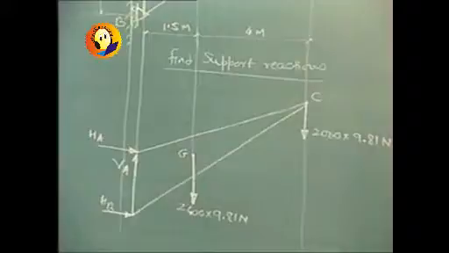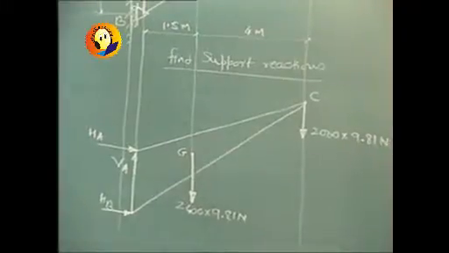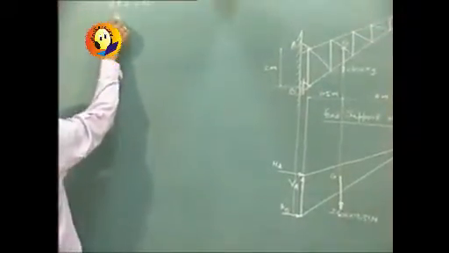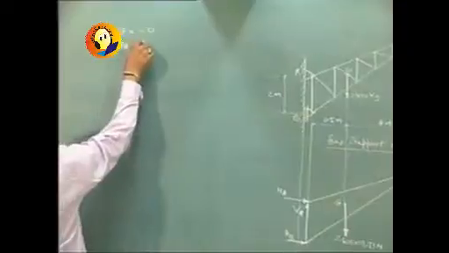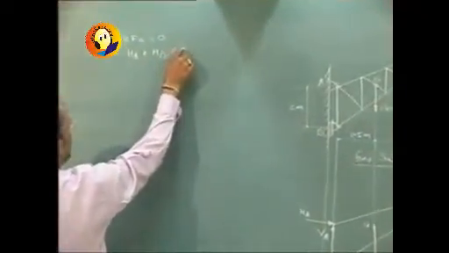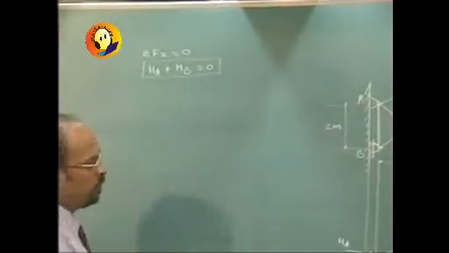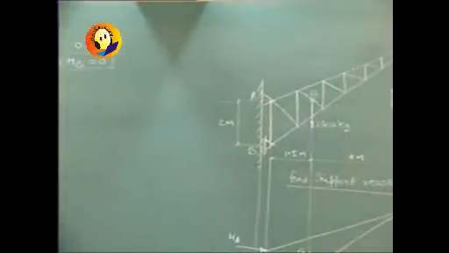Now if we consider the first equation as sigma Fx equal to 0, we will get HA plus HB, both are towards right, equal to 0, and there is no other horizontal force. Both the weights are acting in the downward direction.